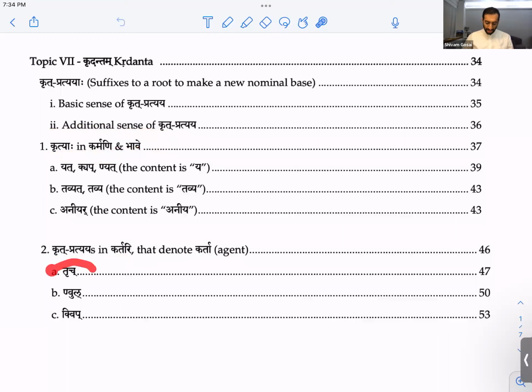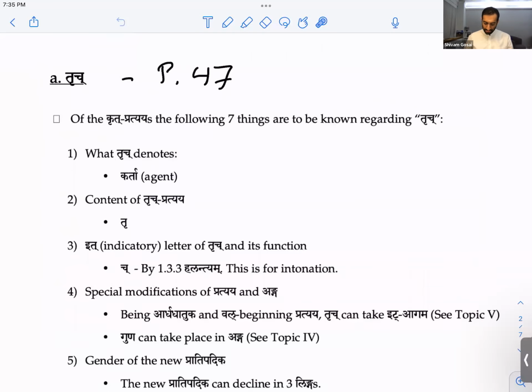So far we've seen Trich, and now we're going to be looking at Nvul and Kvip. Trich, like one example is Kartru, Gantru, the one who does, one who goes. Yeah, because we're looking at the Karta. Okay, so let's continue. We're going to look at Nvul, and then we'll look at Kvip today.